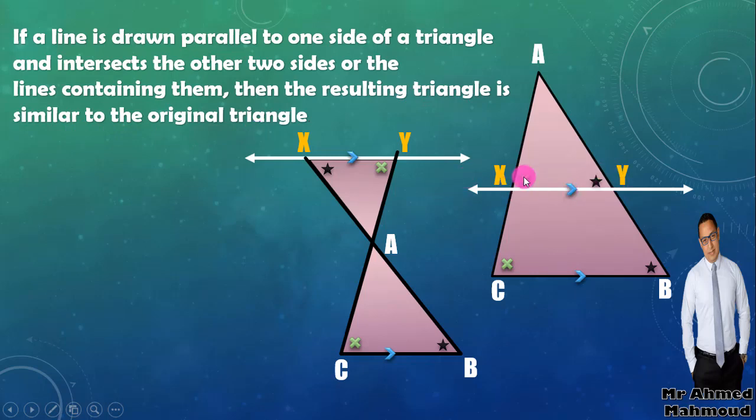Here XY intersects AB and AC, so we get that AYX and ABC are similar. And here XY is parallel to BC and intersects BA on the outside and CA on the outside, so we get two similar triangles.